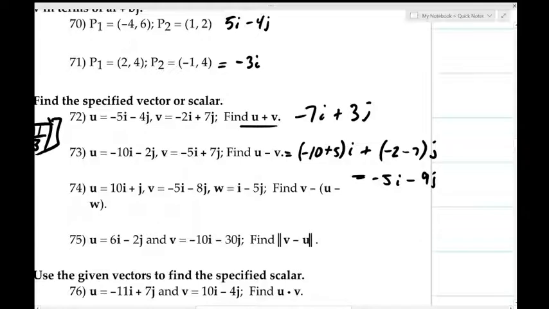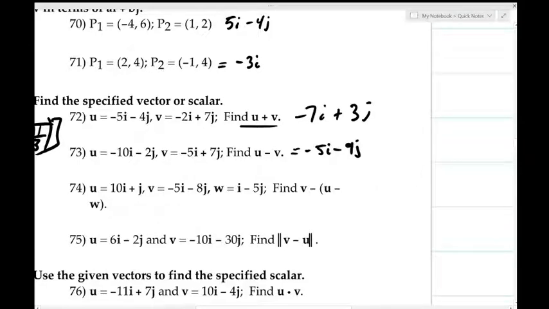Okay, so now the following is going to be v minus u minus w.